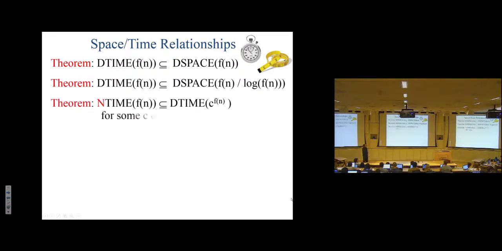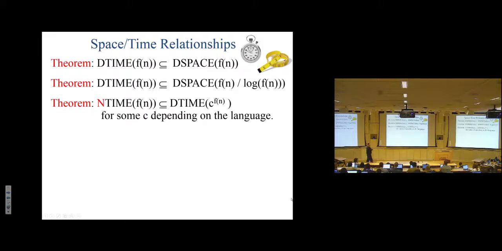So, basically, a few time-space relationships. It turns out that if you have more space than time, you can do more. So any time complexity class is embedded in the same functional space complexity class, because having more space is at least as good as having that time, right?